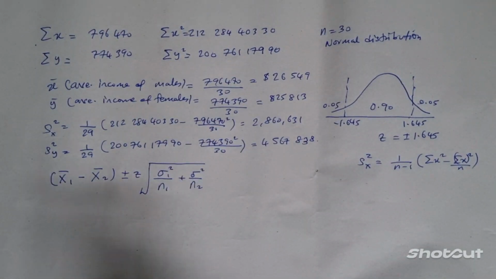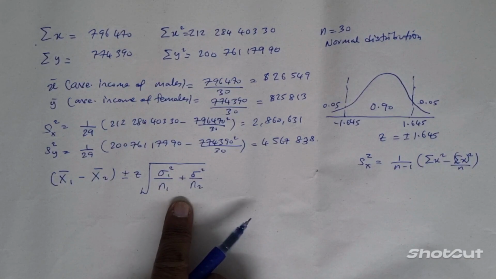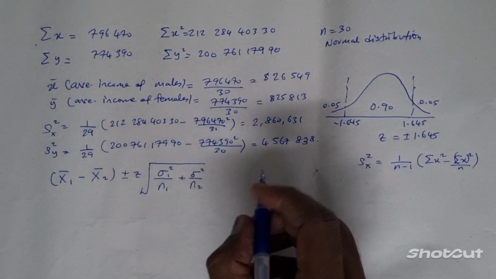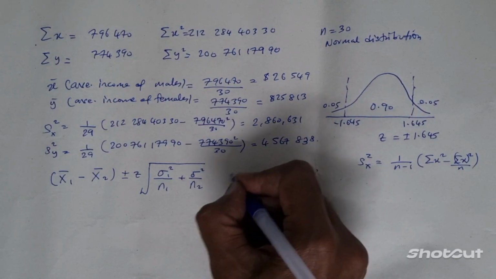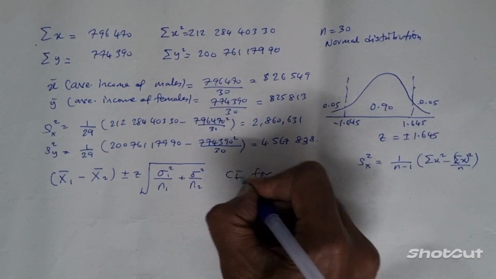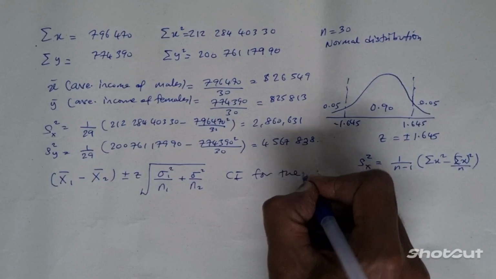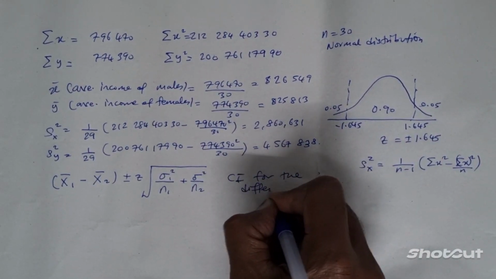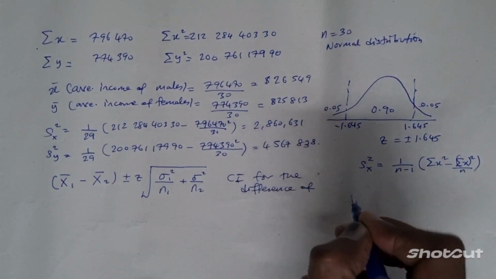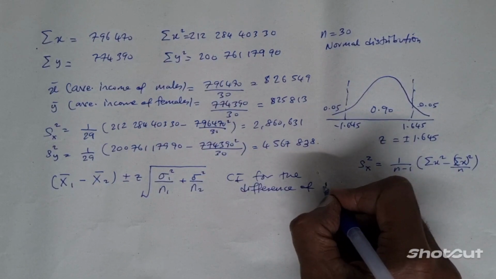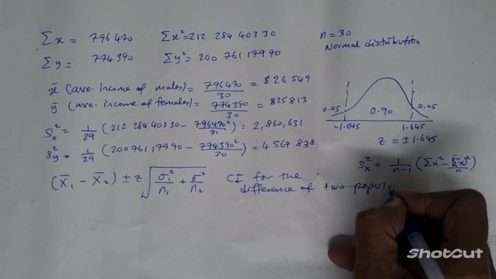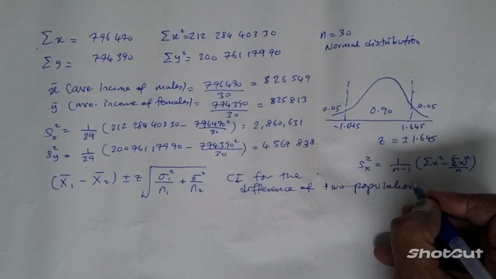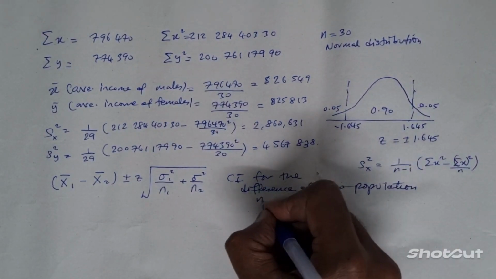So the next thing is we're going to be using this formula, which is the confidence interval for the difference of two population means.